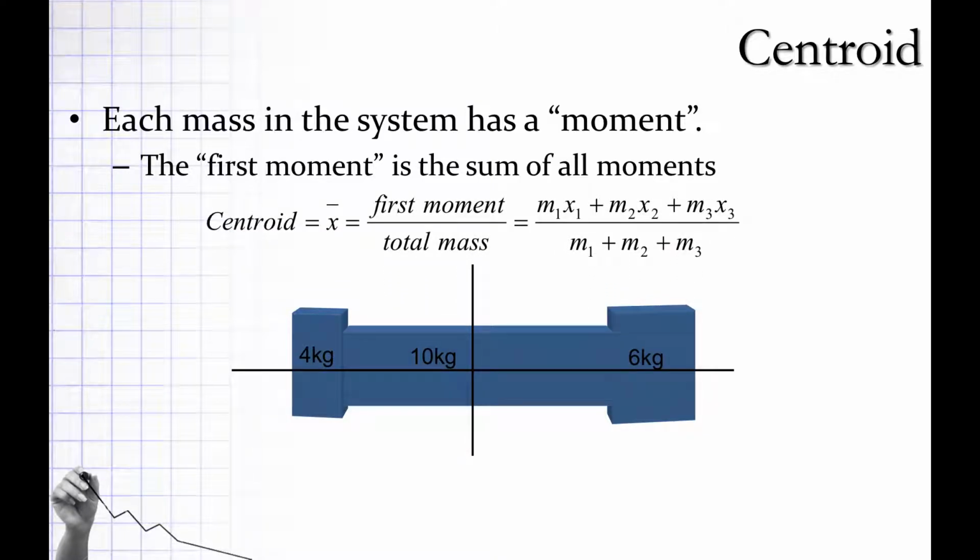And to find the center of mass, we would take the sum of the moments and divide it by the total mass. So we're taking mass times distance plus mass times distance plus mass times distance, and we're dividing it by mass plus mass plus mass. Okay? Now, when we think about that, that kind of makes sense for a center, right?